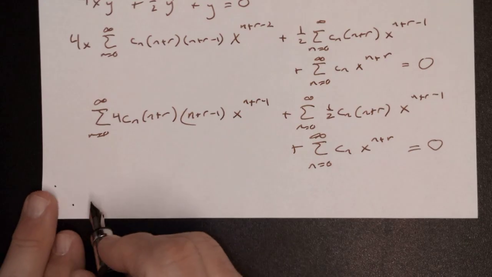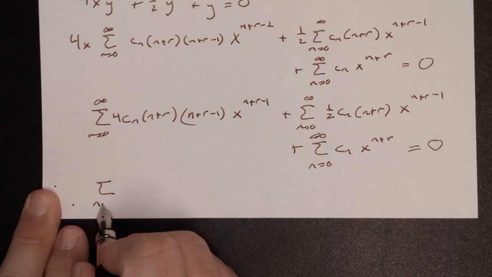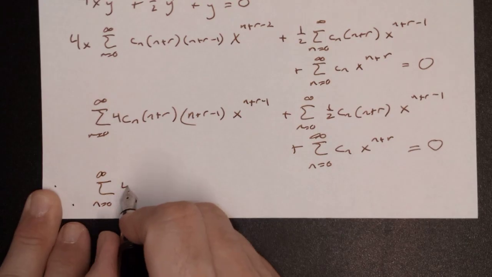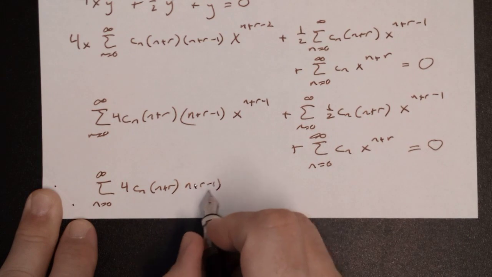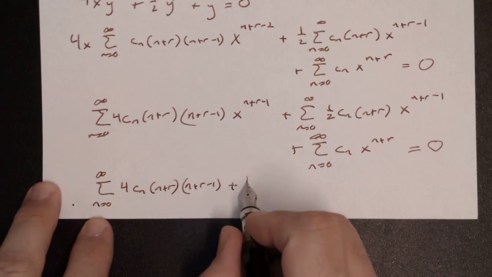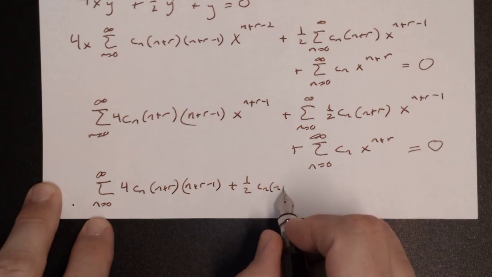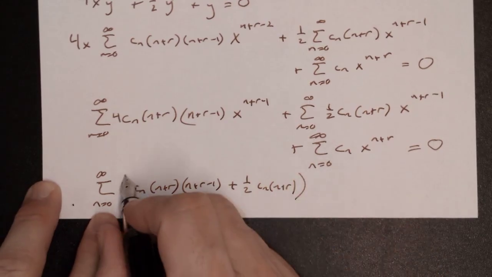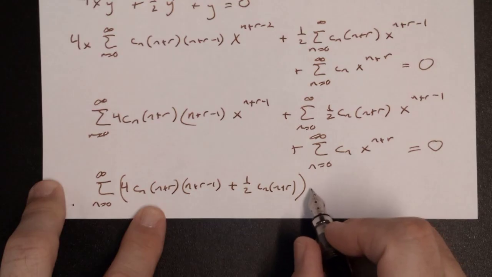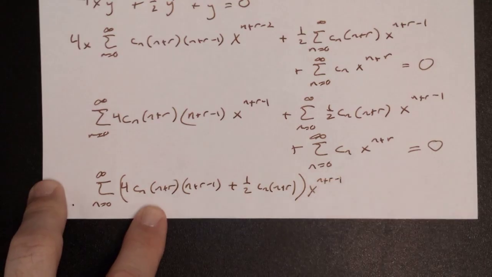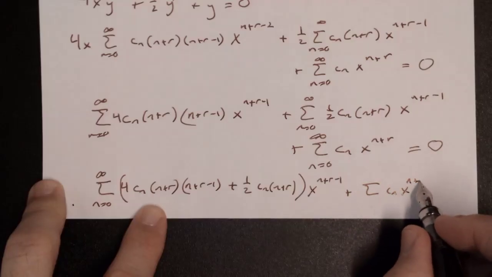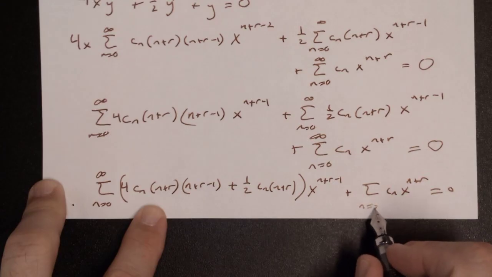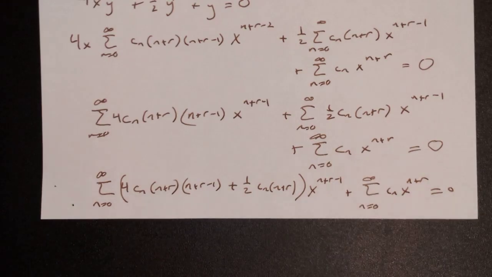So really, now I get the sum from n equals 0 to infinity of 4c_n (n plus r)(n plus r minus 1) plus 1/2 c_n (n plus r), all times x to the n plus r minus 1. And then I have the other one, c_n x to the n plus r equals 0. That's gross.